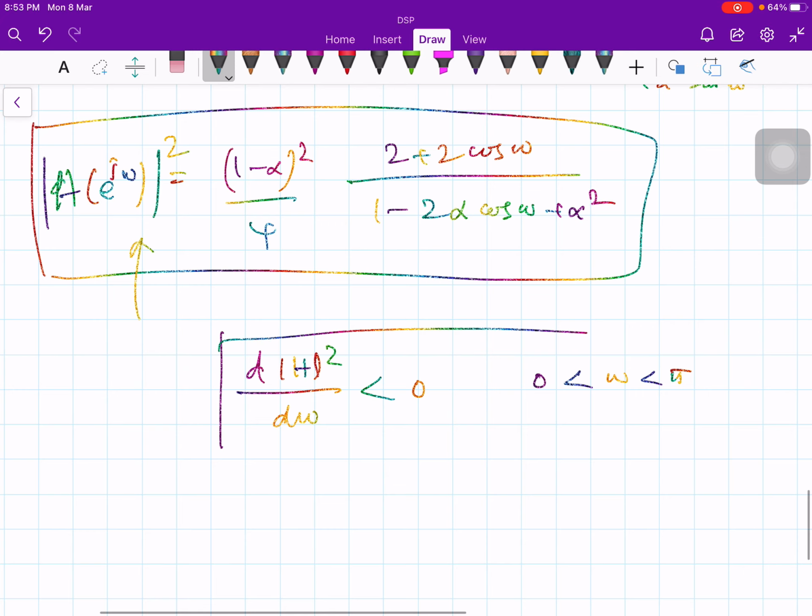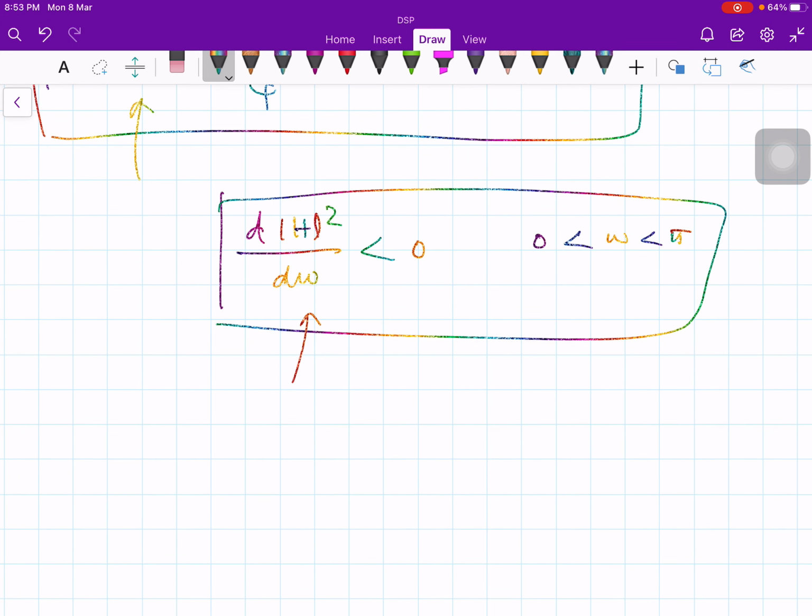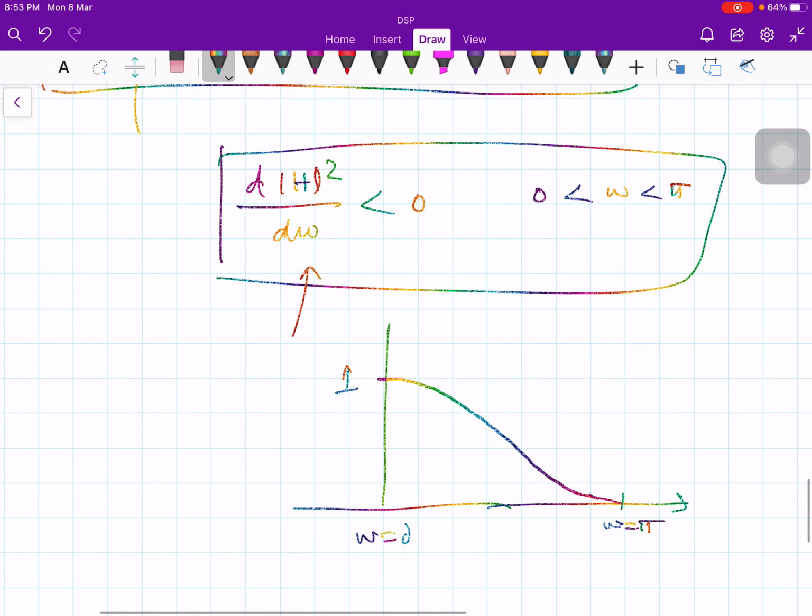Therefore this condition ensures that the function h of e to the j omega is monotonically decreasing. Monotonically decreasing means, as I said, at omega equal to 0 its value is 1, and then it monotonically decreases like this, and it reaches 0 when omega is equal to pi. So it falls monotonically from 1 to 0, and here the parameter is alpha.